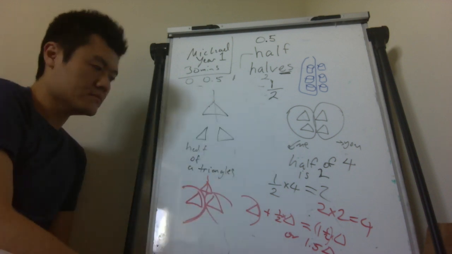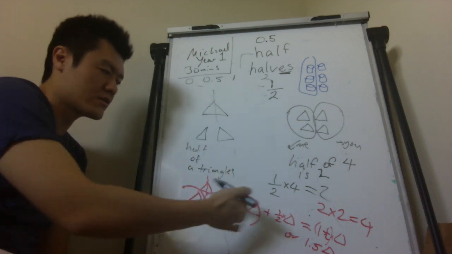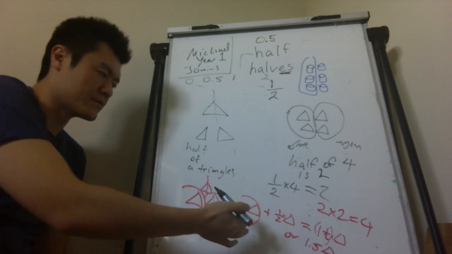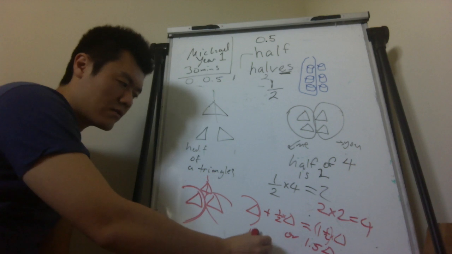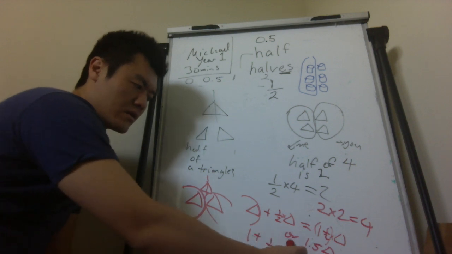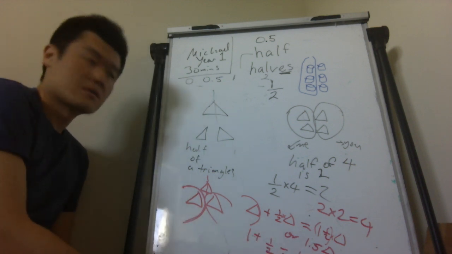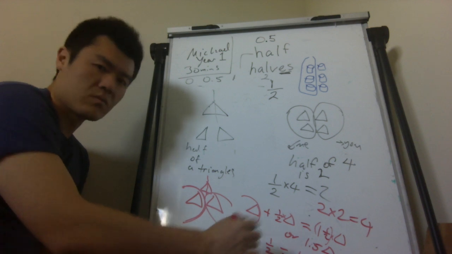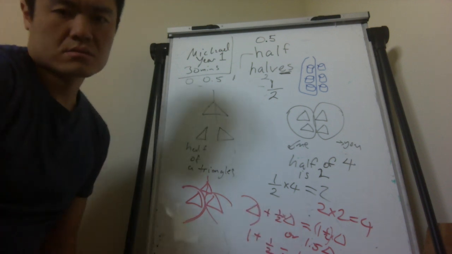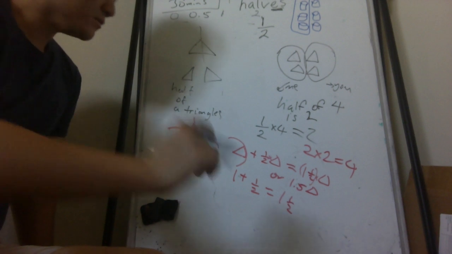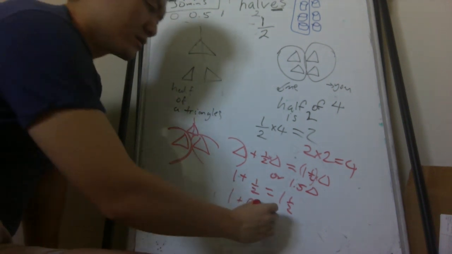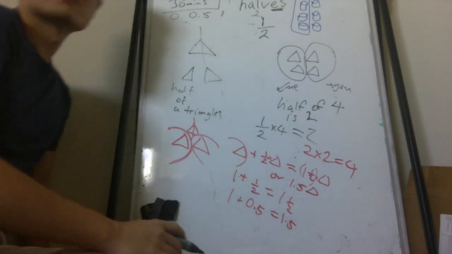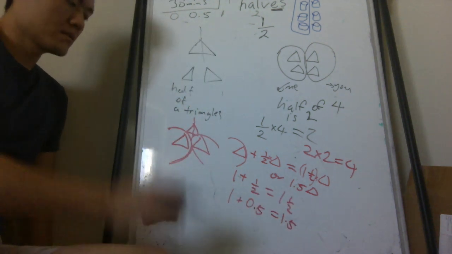If we don't actually care about the triangles, we just want to know about the concepts, we have 1 plus a half equals 1.5. Or another way of saying this is 1 plus 0.5 equals 1.5. Okay?